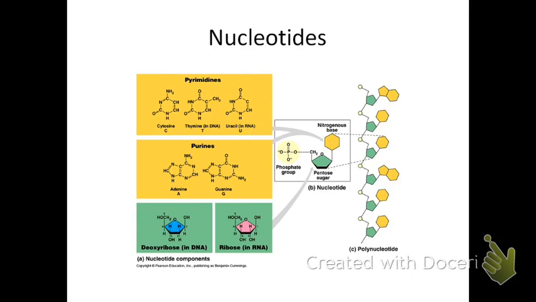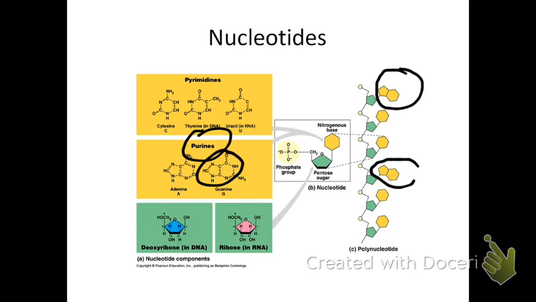Now, if we look at these purines down here, if you notice a difference, instead of it being a single carbon ring, it's going to be a double carbon ring. So here's a double ring. That would be a purine. There's another purine. And if you notice, it is adenine and guanine that are going to be our purines. Now, how do you remember that A and G are your purines?